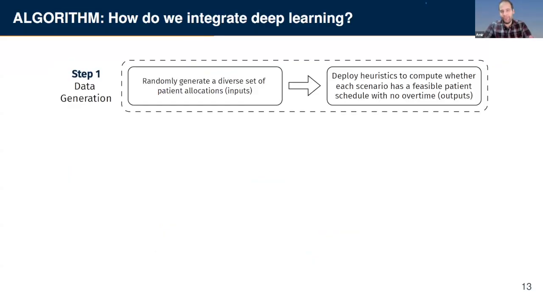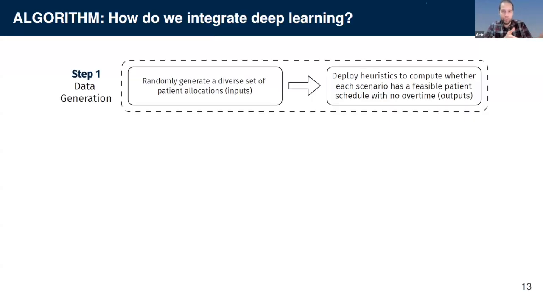First of all, we have to generate some synthetic data for our deep learning model so we can train it, right? A fully connected neural network. So what is the input and what is the output for the neural network? The input variable here is different patient allocations, right?